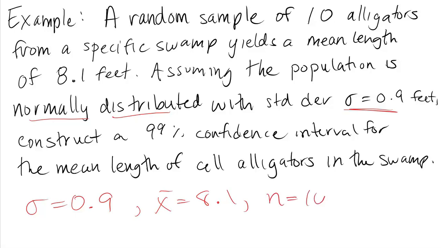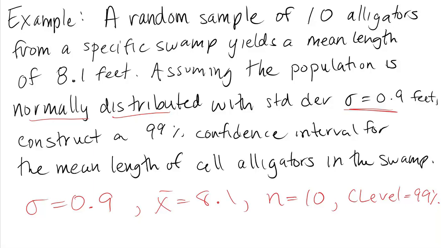N, we already talked about, was 10. That was too small to invoke the central limit theorem, but we were covered by the fact that the population is normal. And the confidence level is 99%, and this is what I was talking about before. A confidence level of 99% is not something that the empirical rule can handle. The empirical rule can do 95% and 99.7%, but not 99%.